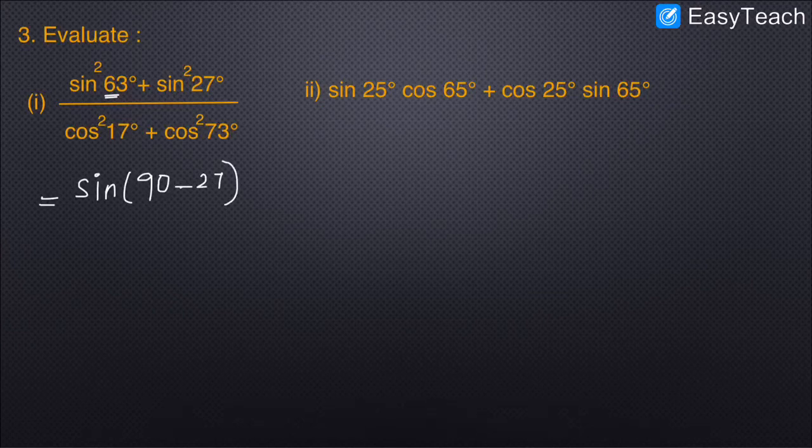So I write it as sin 90 minus 27 the whole square, plus for sin square 27, I could write sin 90 minus 63. Actually I am going to keep this as it is. Maybe it will help later. So sin square 27 I write as it is.